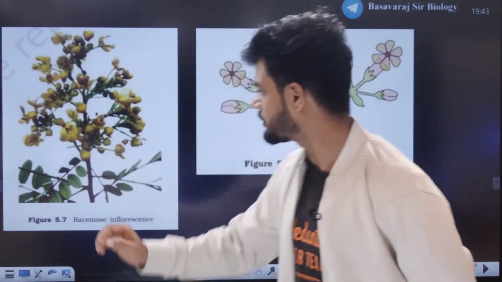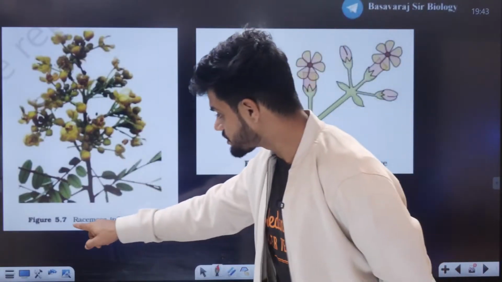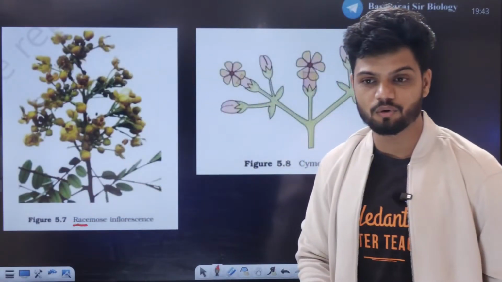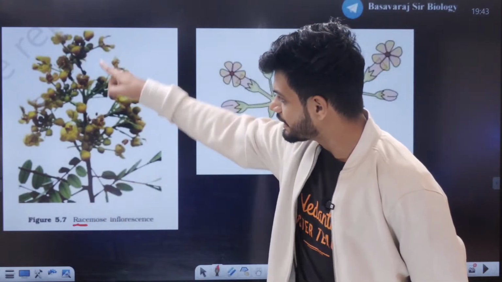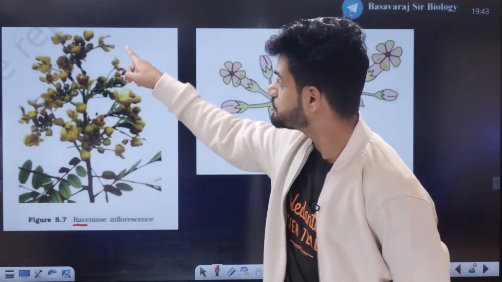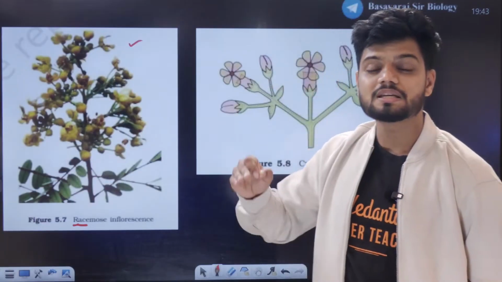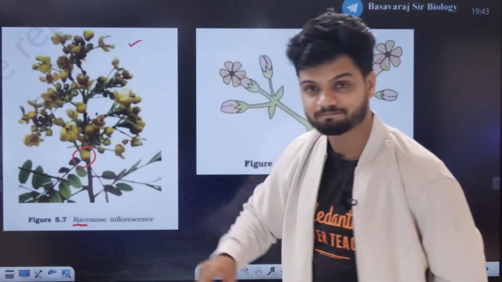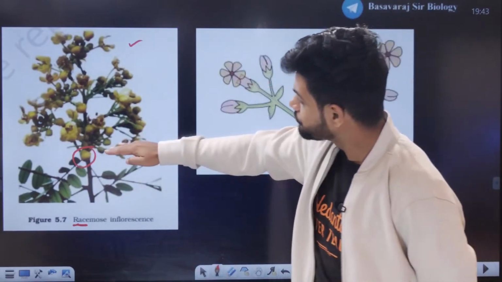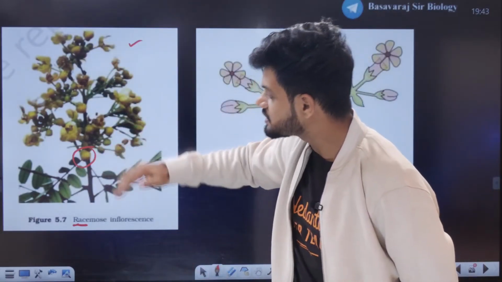Same concept applies here. In racemose inflorescence, racemose is the race. In this entire race, who will win? The young one will win. So young flowers at the top, older flowers at the bottom.